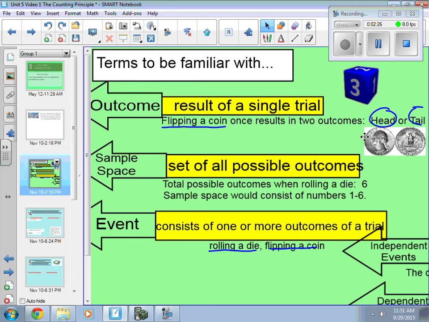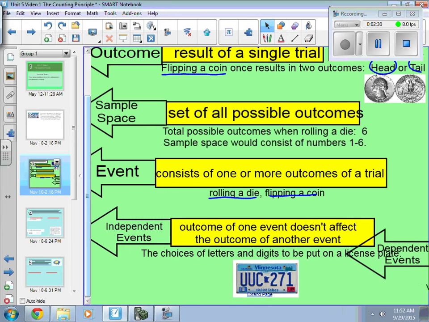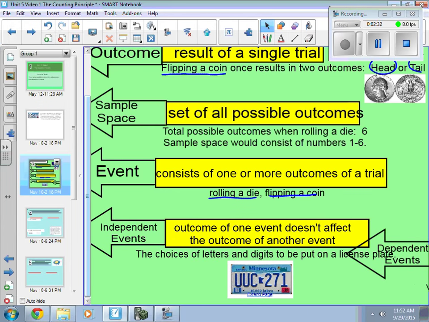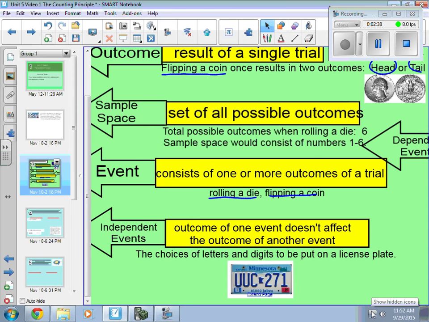Couple more terms that we need to know here. Independent and dependent events. An independent event is when the outcome of one event doesn't affect the outcome of another event. So when your choices are different, or when your choices don't depend on each other, then it's independent.